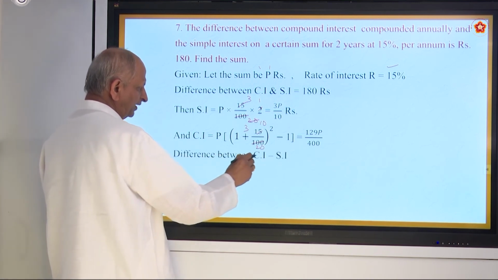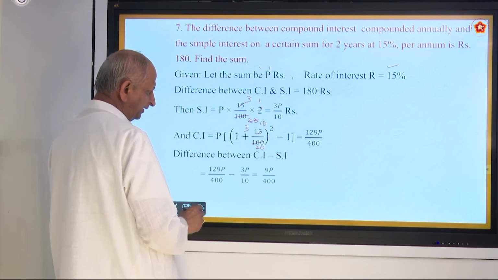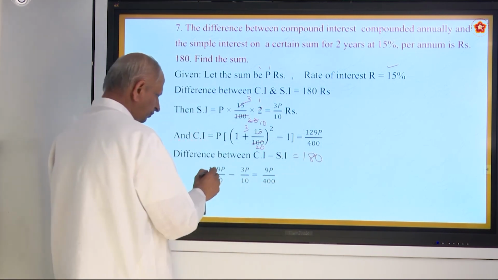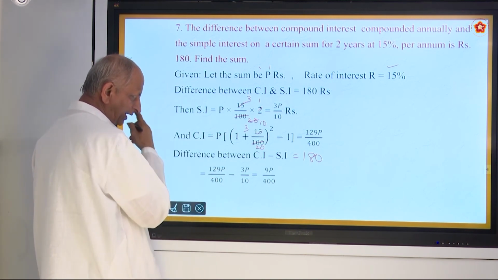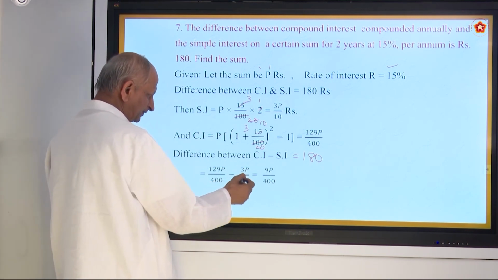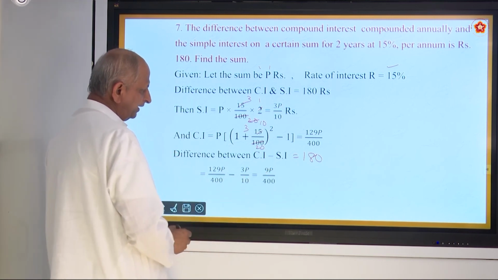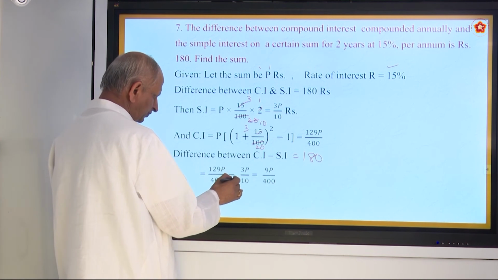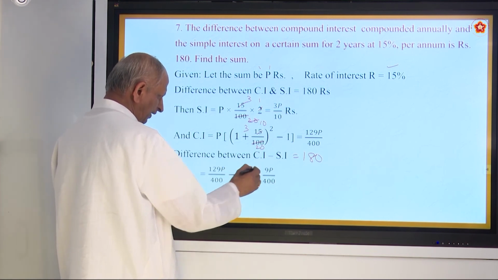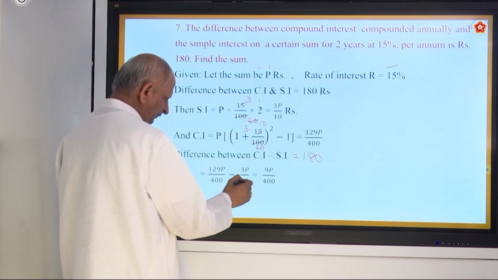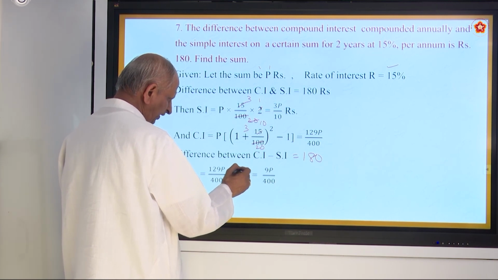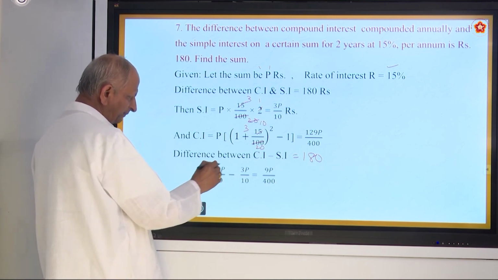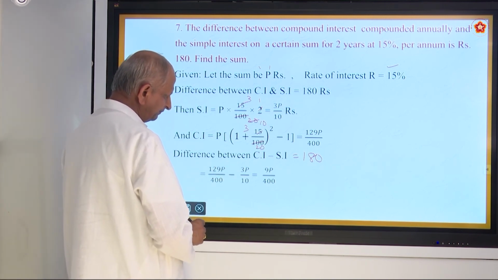So the difference CI minus SI will be equal to 180. So 129P by 400 minus 3P by 10 is equal to 9P by 400. So take LCM here. So here 129 minus 40 into 3, 120. 129 minus 120 becomes 9P.